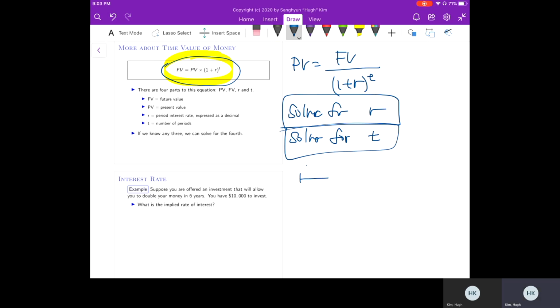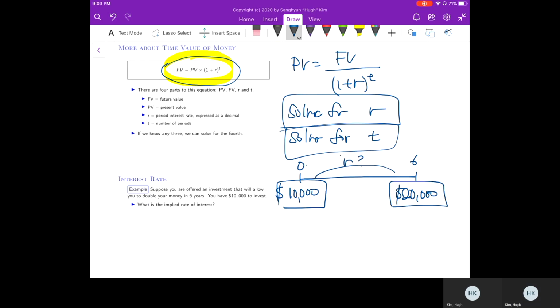You have $10,000 today, and in 6 years' time you can double it to $20,000, and you're interested in the return on this investment. So you can use this future value formula.